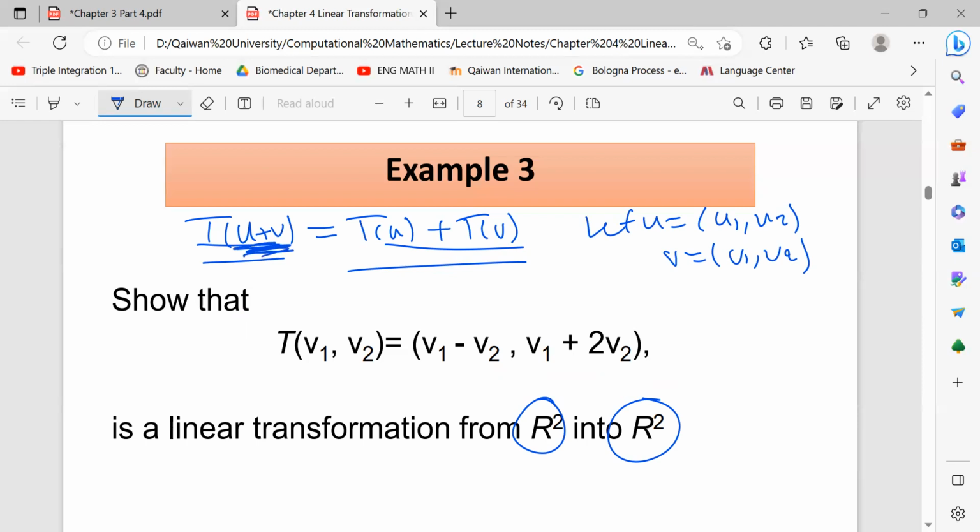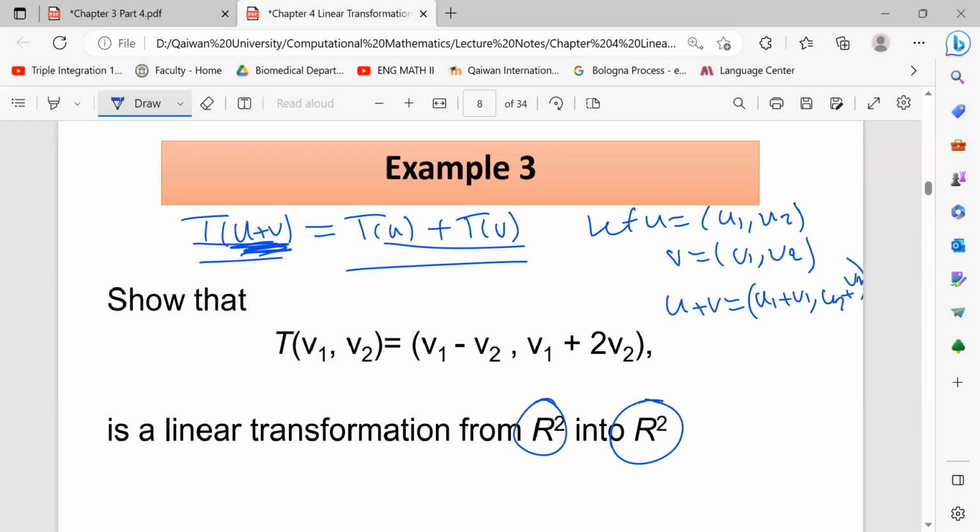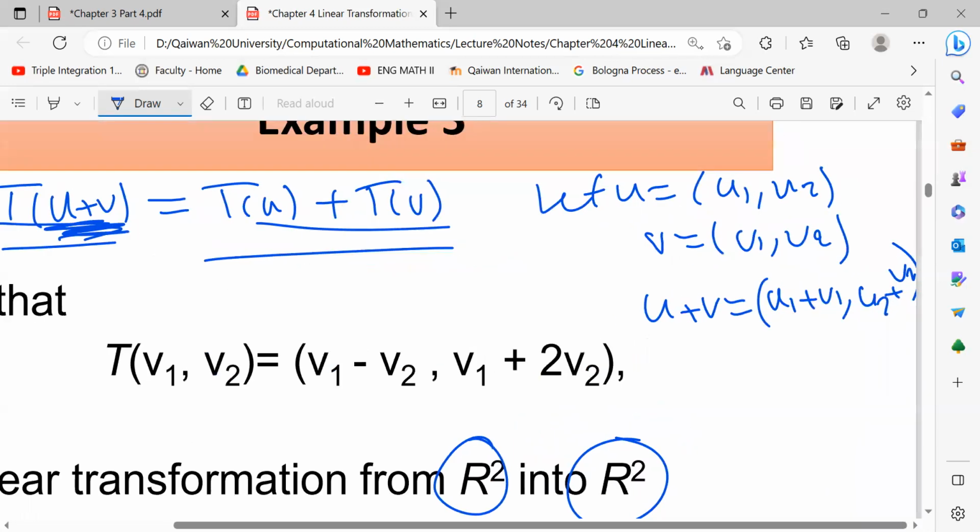What's the sum of U plus V? It's two vectors, so we just add the corresponding entries. It's U1 plus V1, comma, U2 plus V2. This is the sum of U and V.